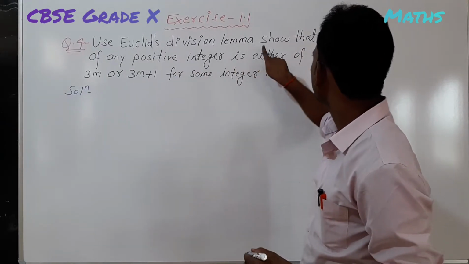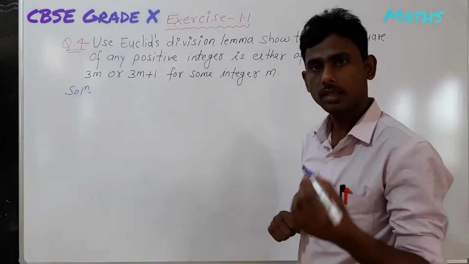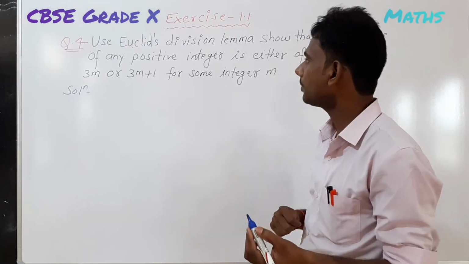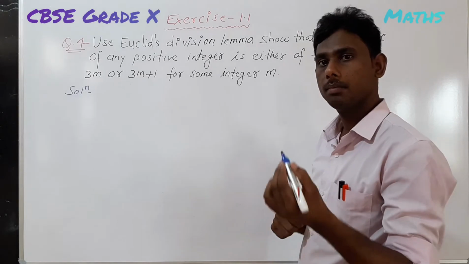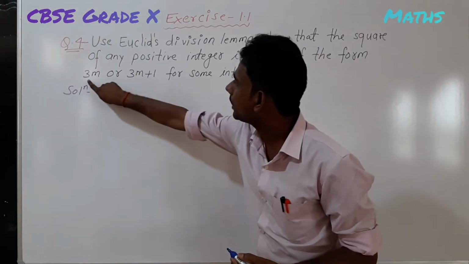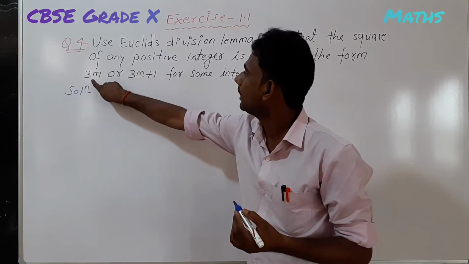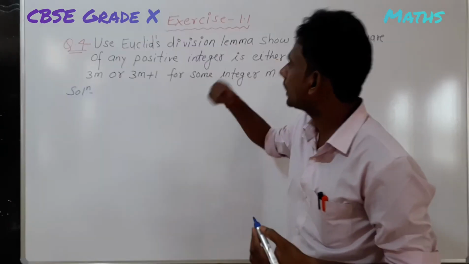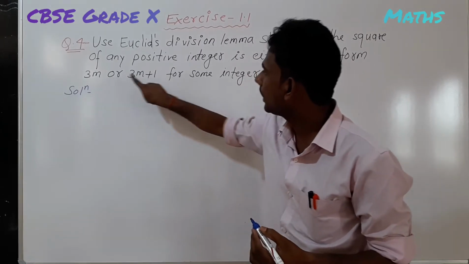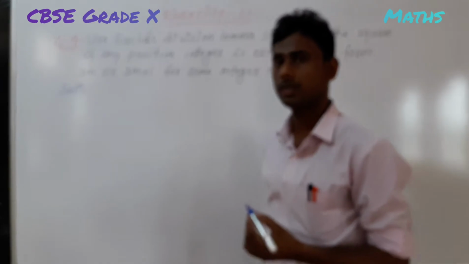Use Euclid's division lemma so that the square of any positive integer. First of all we take a, a positive integer, and b will be equal to 3, because we have to prove that the square of any positive integer is of the form 3m or 3m plus 1. So here we take b equal to 3.